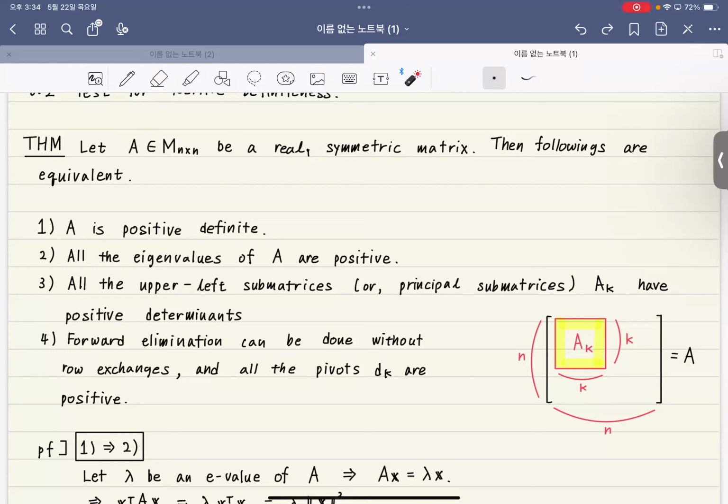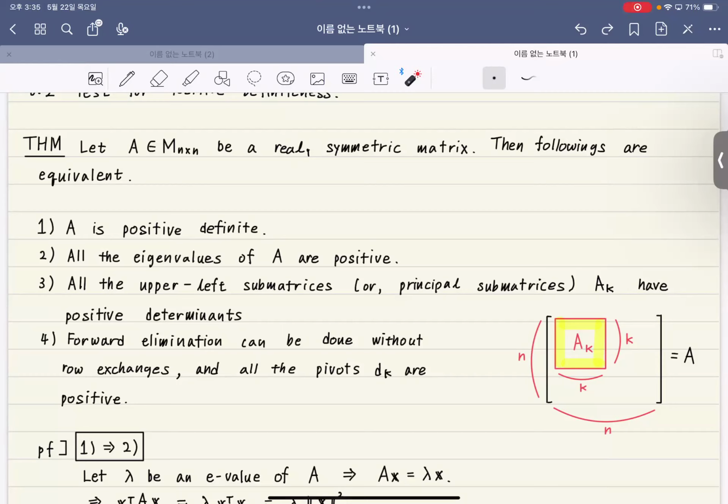If your matrix A is symmetric, then you cannot have complex eigenvalues, so your eigenvalues are always real. And if A is positive definite, then number 2 says, if and only if, the eigenvalues of A must always be positive. So you cannot have zero or negative eigenvalues.